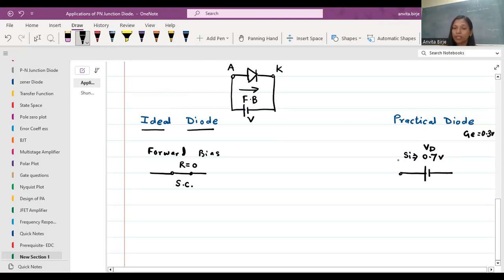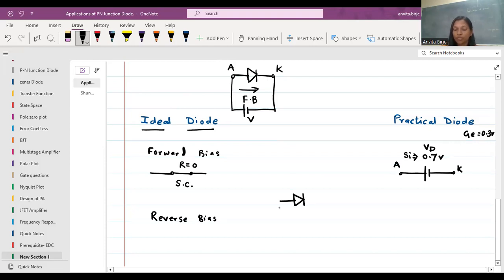So this is the anode terminal and this is the cathode terminal. Whenever we consider the diode as an ideal case, in forward bias it acts as a short circuit, and in the practical case, it acts as a voltage source which has a voltage drop of 0.7. In reverse bias, we change the supply polarity, and we can flip the diode.